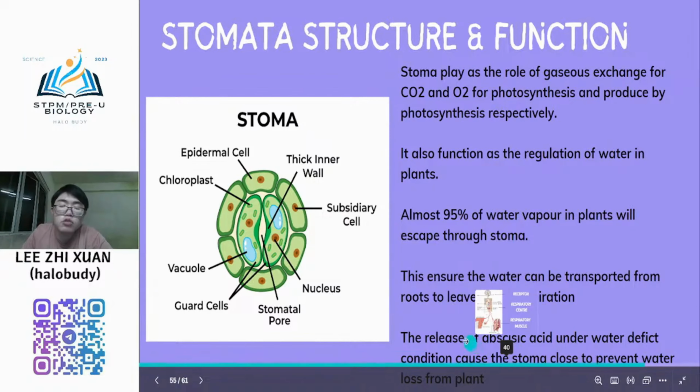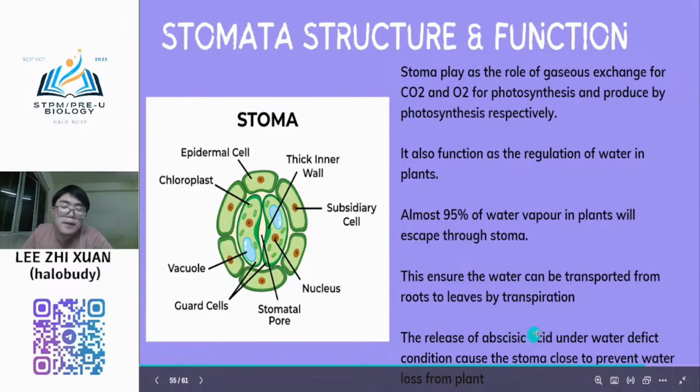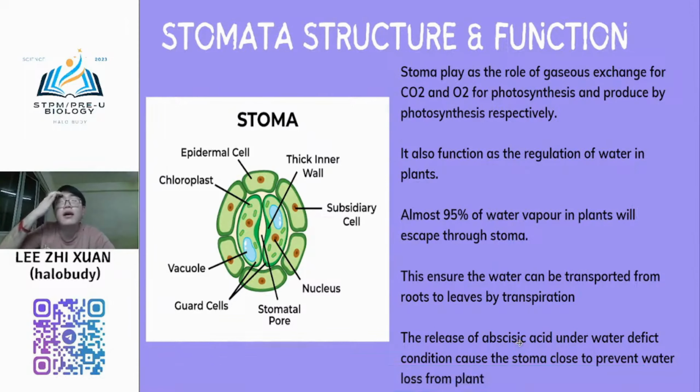You also learn this in chapter 9, control and regulation. Abscisic acid is one type of plant hormone that plays the role of preventing water loss from the plant. Later you will learn the plant hormone part in chapter 9.